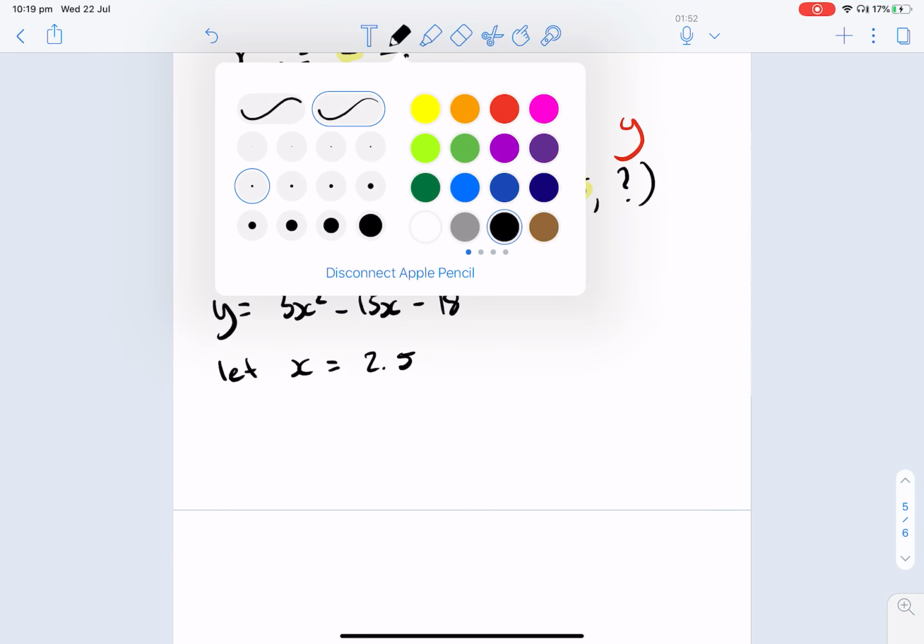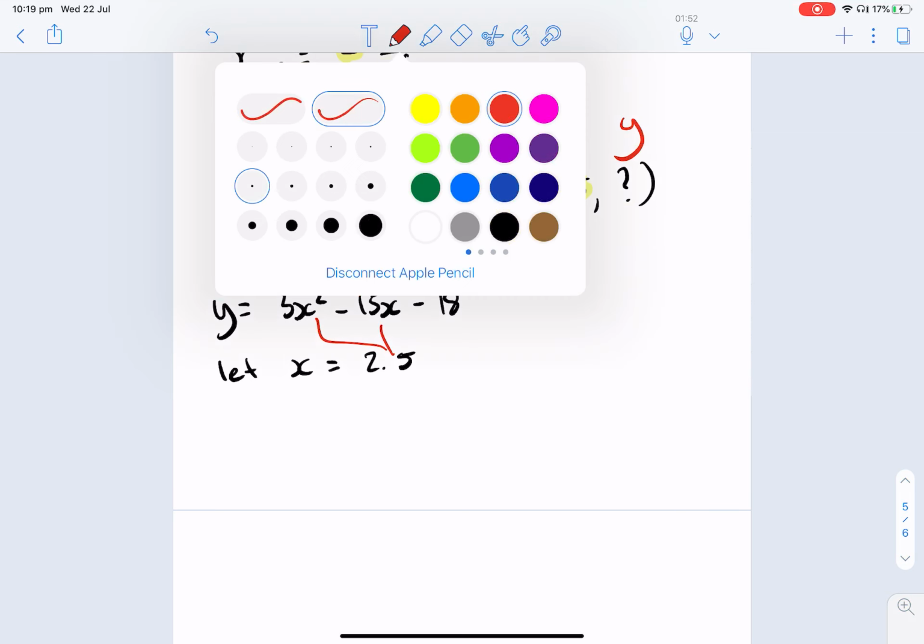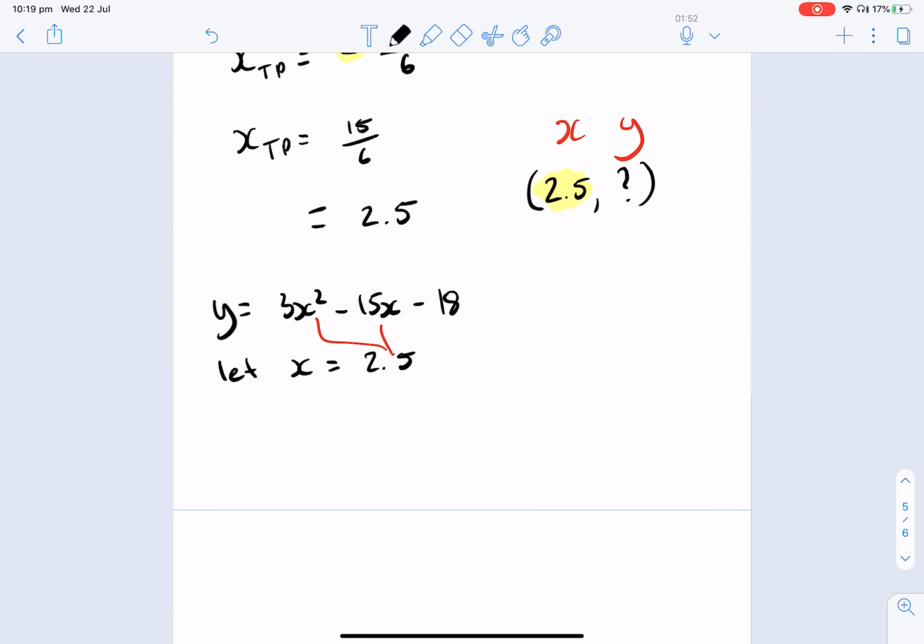So then we just sub 2.5 into these positions here to solve our equation and find out what y is at this point. So y is going to be 3 lots of 2.5 squared minus 15 times 2.5 minus 18.